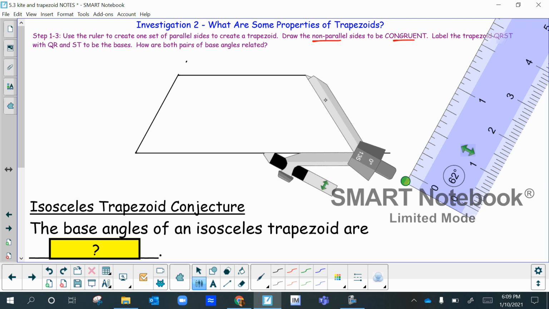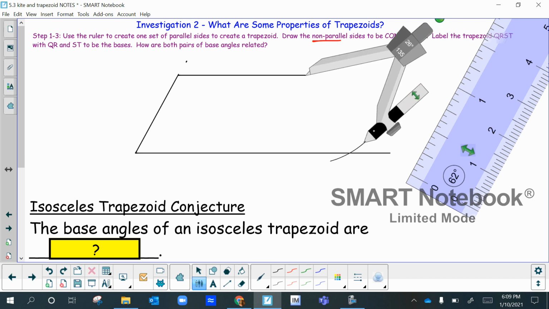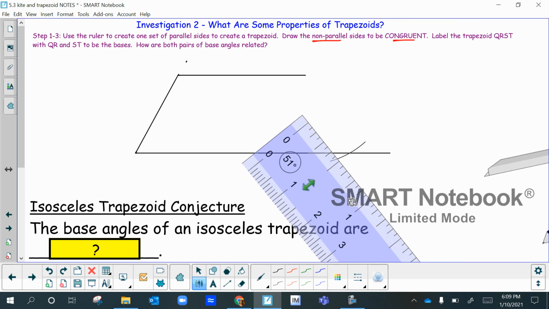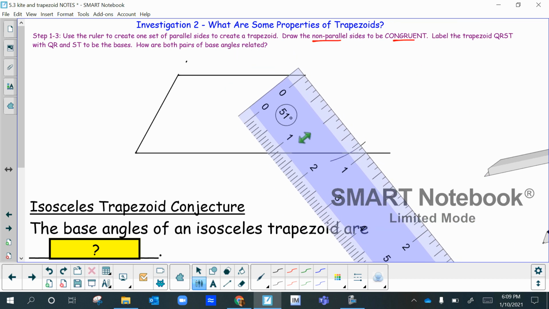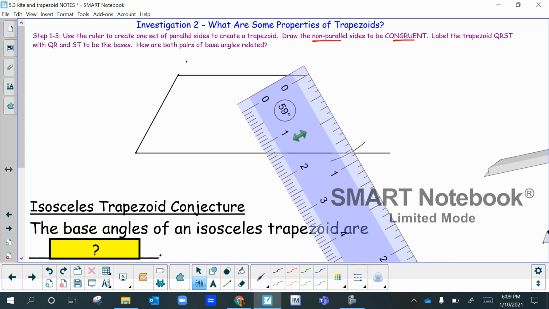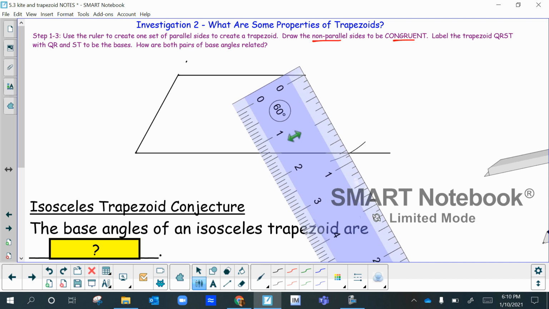Make sure it's right on the endpoint, and then kind of just swing your compass and make an arc like that. Okay, so I measured it exactly. Again, if you want to measure it in centimeters, you can measure it in centimeters and make sure it comes out the same size. So line it up perfectly at each endpoint and make sure it goes right through that intersection point.